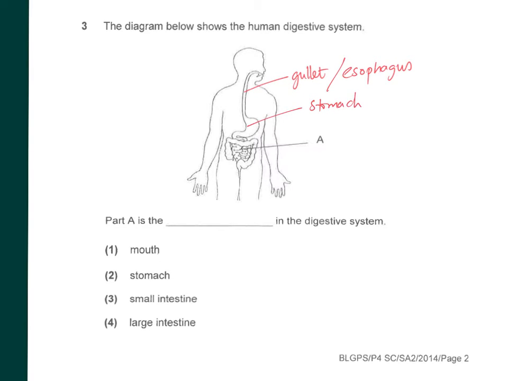Then food goes on to the next part labeled A, which we know to be the small intestine. And lastly, food will go on to the thicker part here, also called the large intestine. So the answer is small intestine, 3.